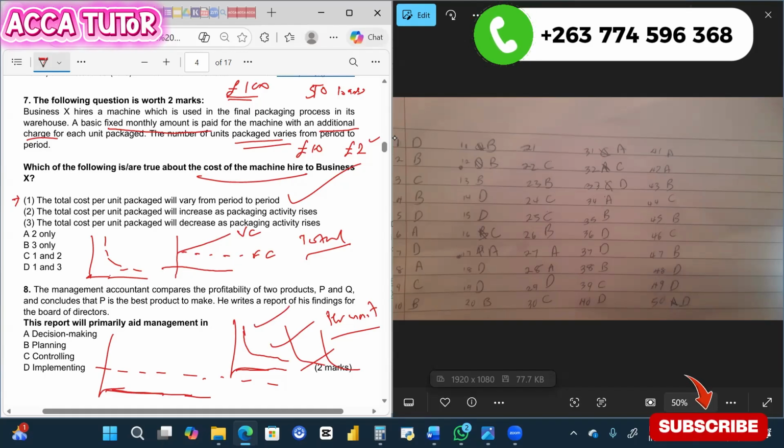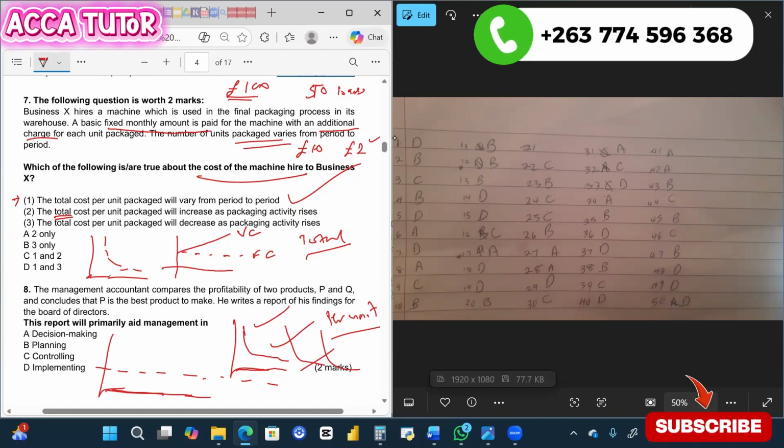I know you'll be confused by this. The total cost per unit is different from the total cost. I know the term total cost per unit would have confused you.